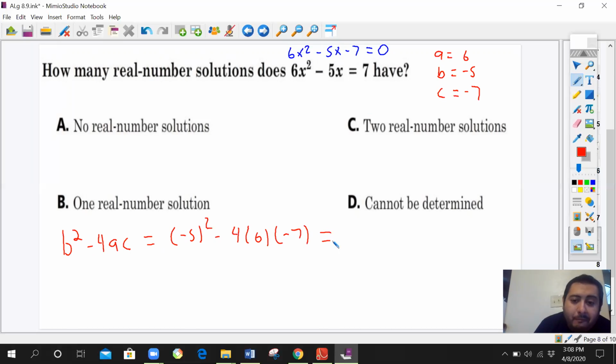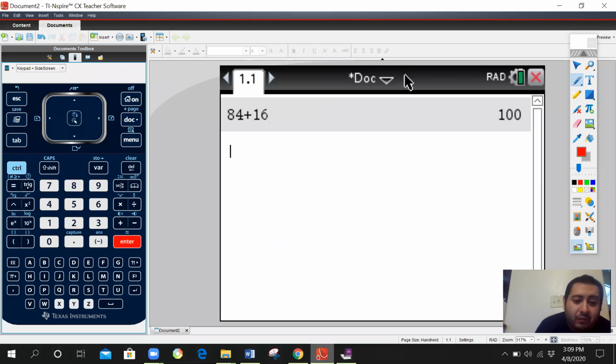-5 squared will give us 25. And then a negative and a negative will turn into a positive. All right, 6 and 7, that's 42 and 4. Well, since it's going to be a large number, let's go ahead and use our calculator. 4 times 6 times 7, 168.